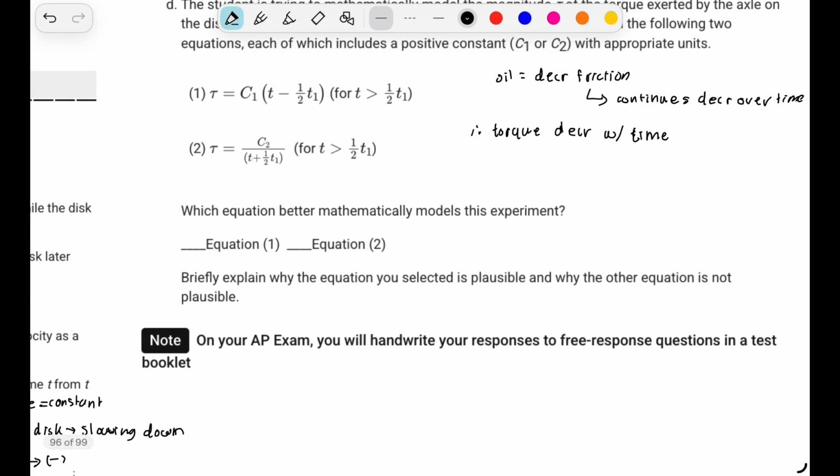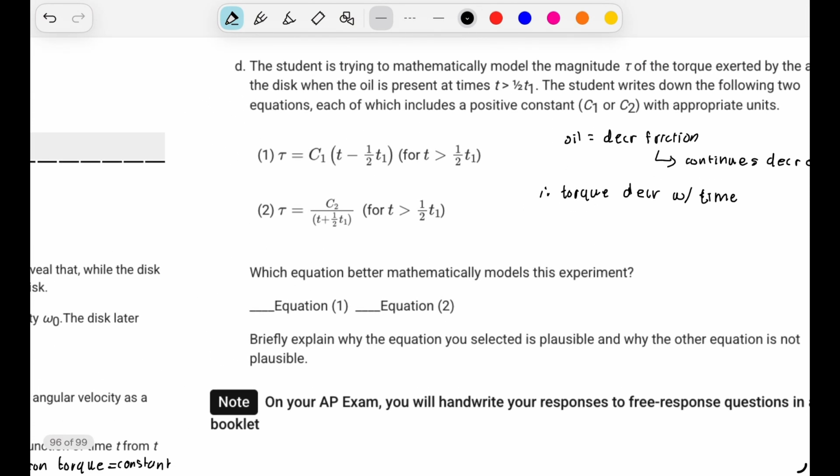So in equation 1, for t greater than 1/2 T1, as time increases, torque is going to increase with time, and this is going to contradict the experiment. So this equation is not going to be plausible.